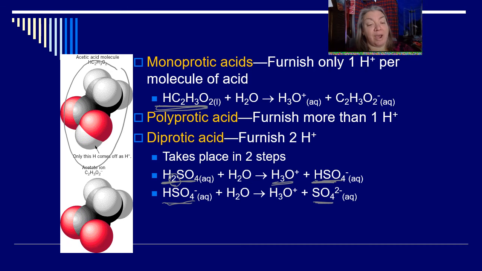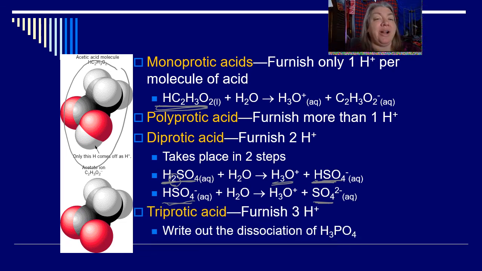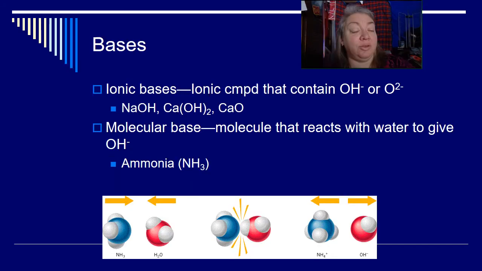So if there's two hydrogens, it's called diprotic, and it happens stepwise. Well, let's keep going. We can also have something called triprotic. Triprotic furnishes 3 hydrogens for every molecule of that acid. Just remember, this will also happen in a stepwise fashion.